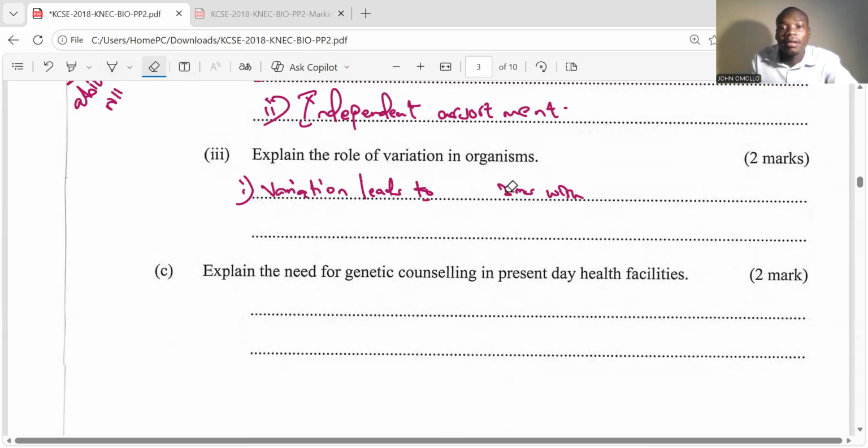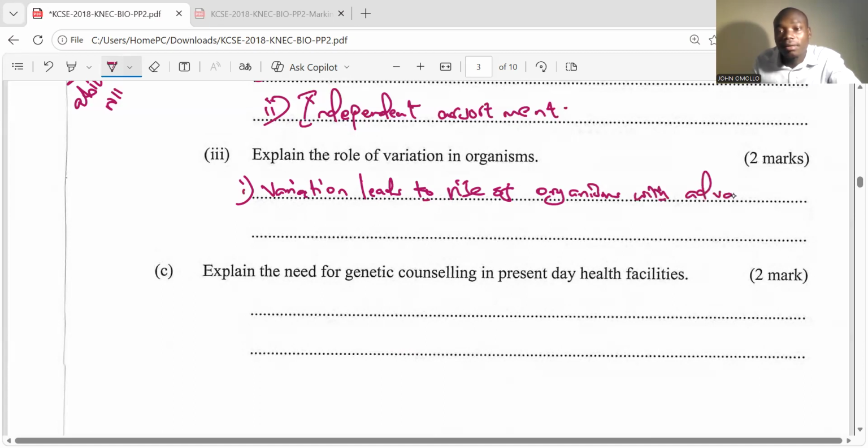Hey, this my pen is slow in erasing. So let's give it time. Finally, variation leads to rise of organisms with advantageous traits.